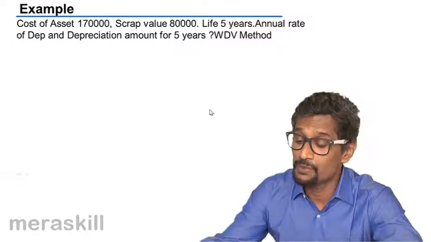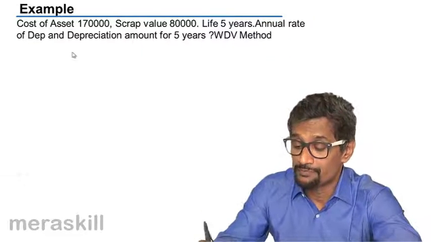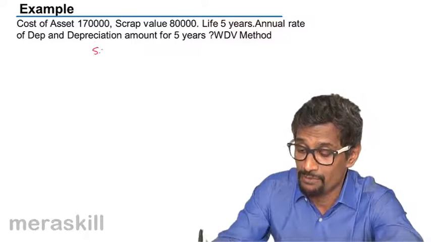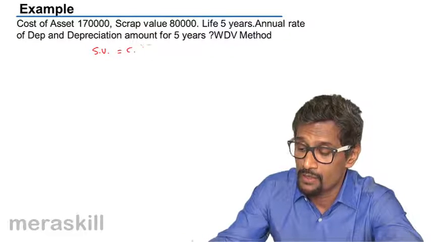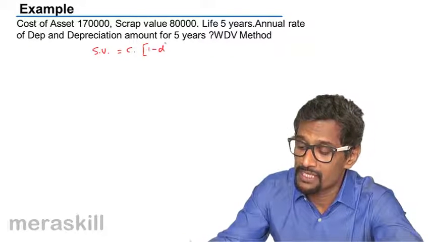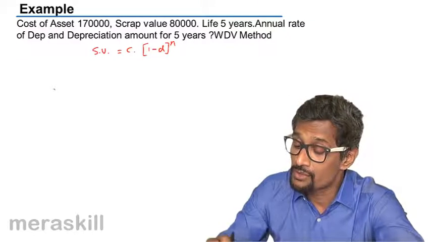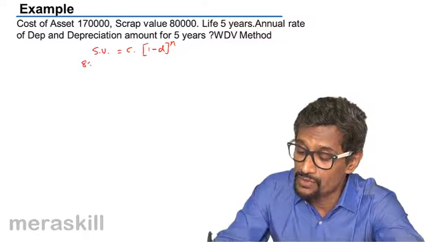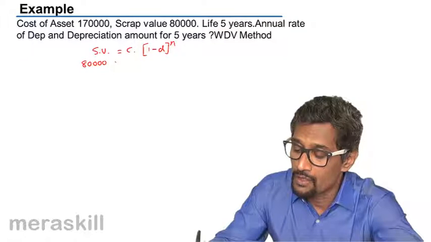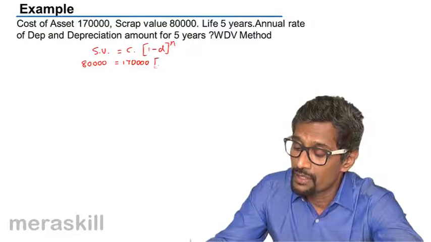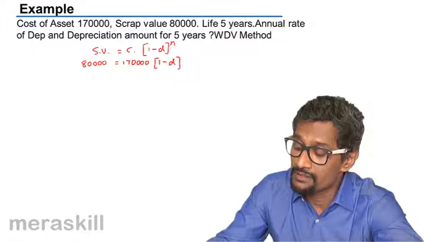Let's take an example. Cost of asset is 1,70,000. We know scrap value is equal to cost into 1 minus D raised to N. So scrap value is going to be 80,000, which is equal to 1,70,000 into 1 minus D raised to 5.